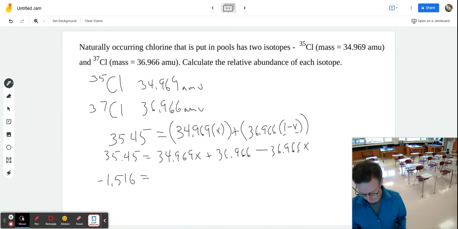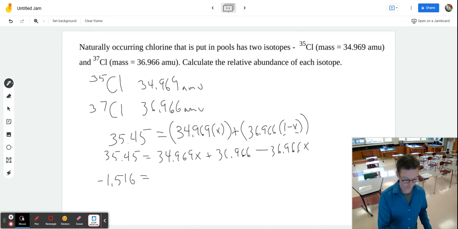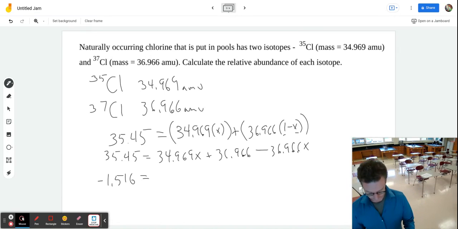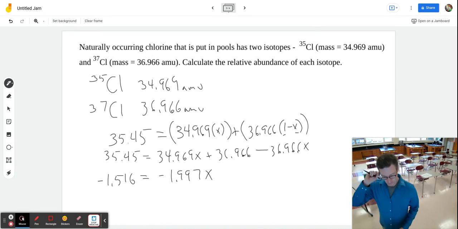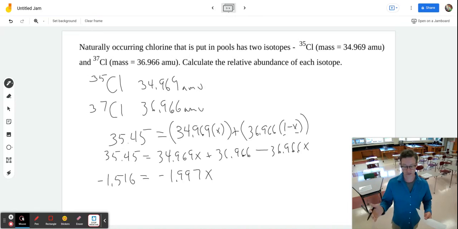1.516 equals, if I subtract 34.969x minus 36.966x, I get negative 1.997x. So negative 1.516 equals negative 1.997x.